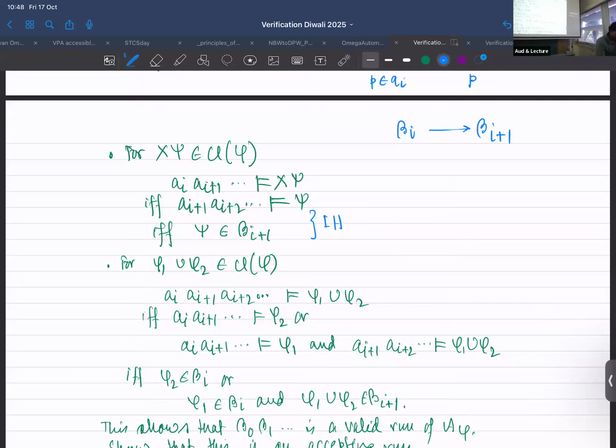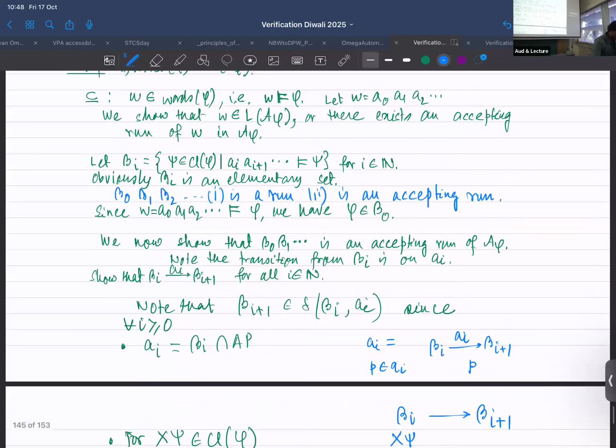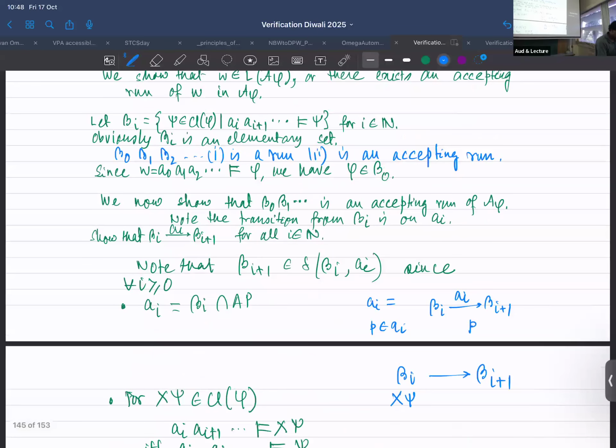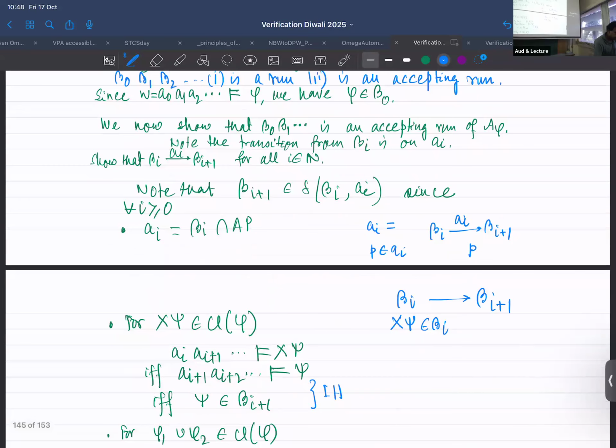Okay, now if X of psi belongs to beta I, then we are saying that we should have a transition to beta I plus 1 where psi belongs to beta I plus 1.